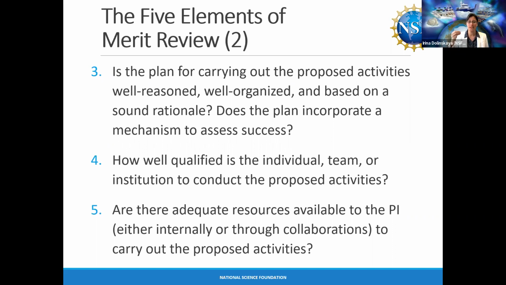What you want to talk about is, do you have adequate resources? And this is also where PIs often ask, I don't know how much to request. Do I ask for budget for this? How many graduate students? Do I need this equipment? Can I budget for it? You really need to think about what resources you need to ask for to be successful.